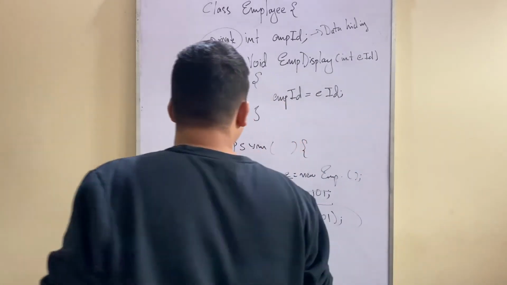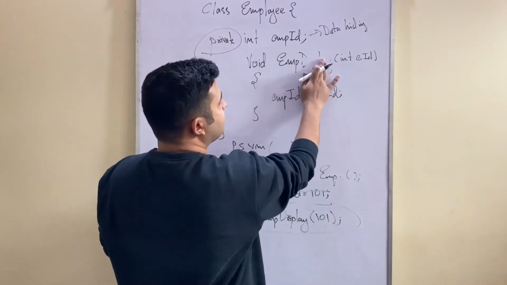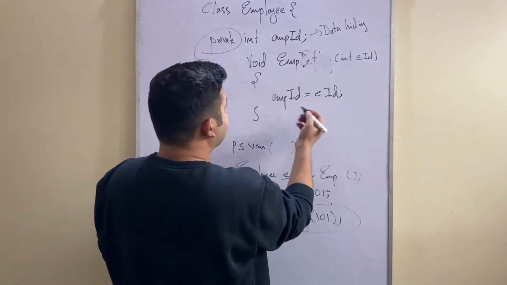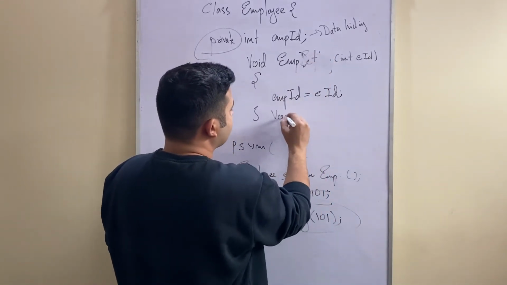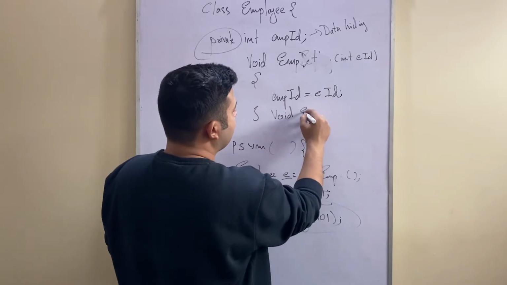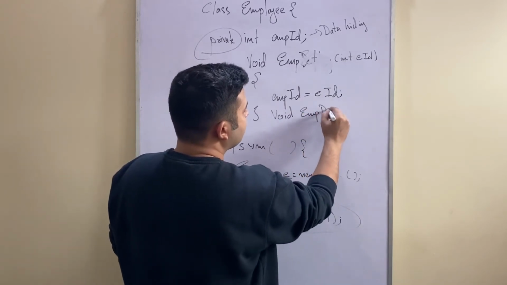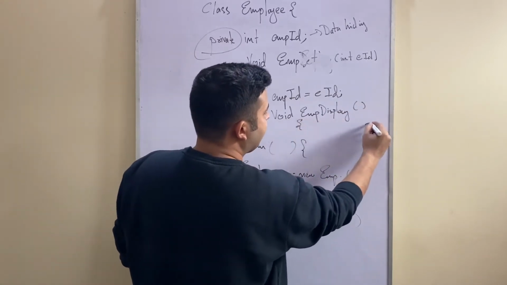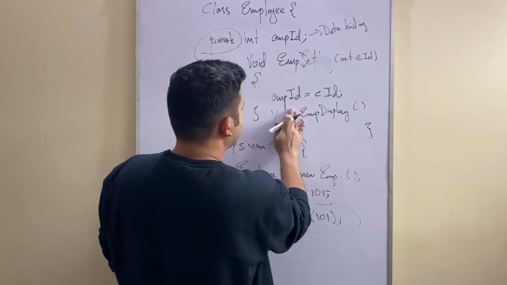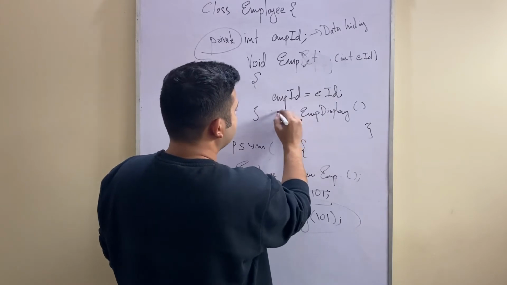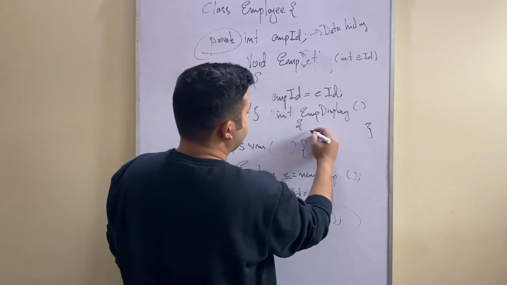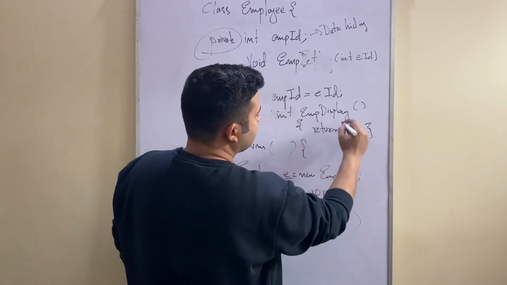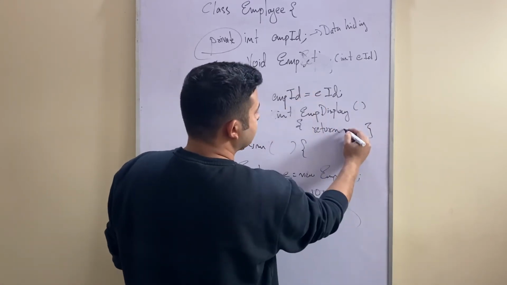To display also, suppose I change this name as employee set. Suppose I can create another method here, an integer type method, emp display, and inside this I can simply write return emp id.